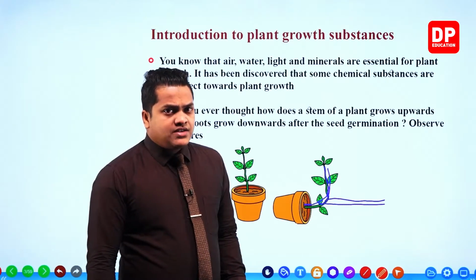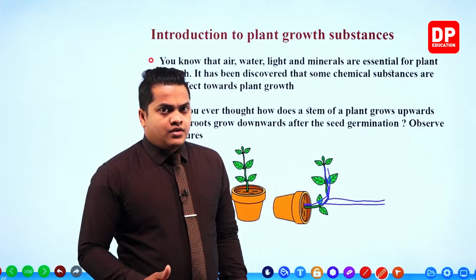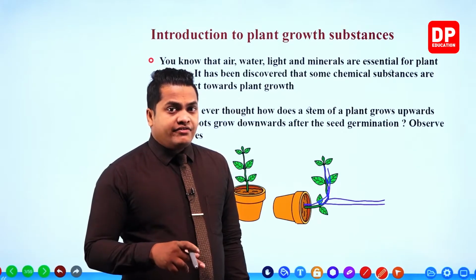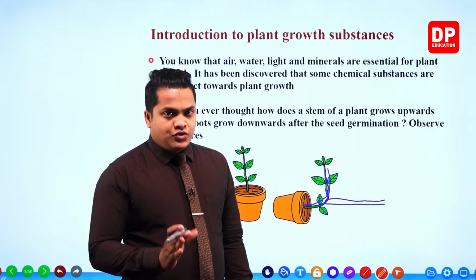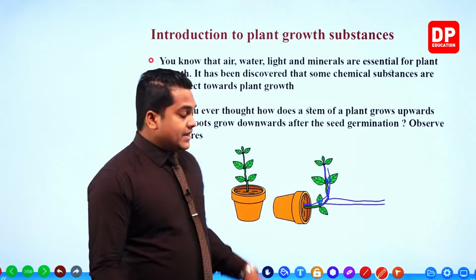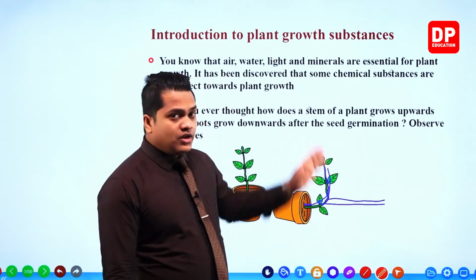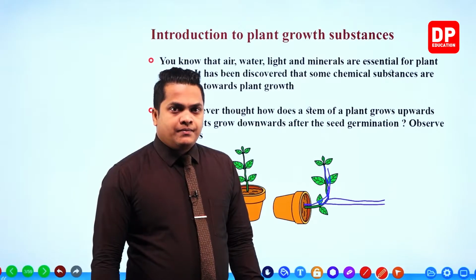So here the plant stem is tending to grow upward. And that also means that the plant can identify directions. The plant is going to know that this is parallel to the ground and this is perpendicular to the ground. Upward means perpendicular, no?